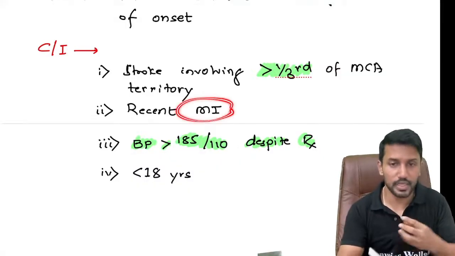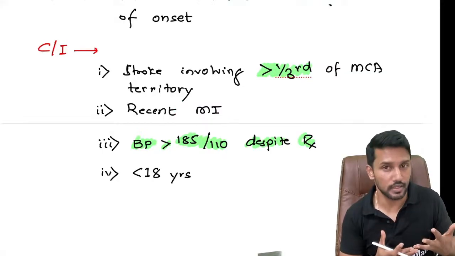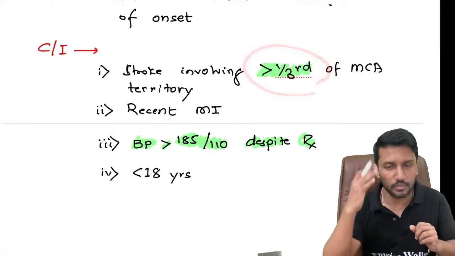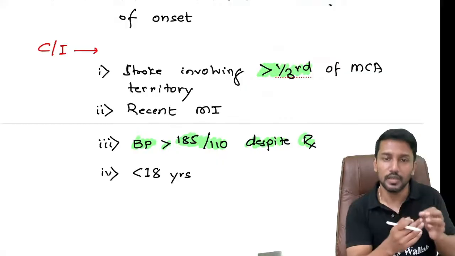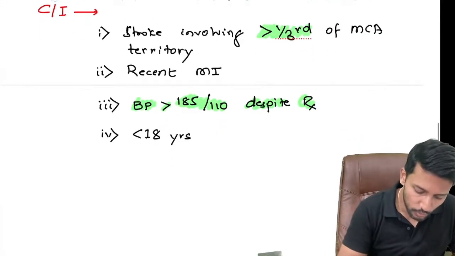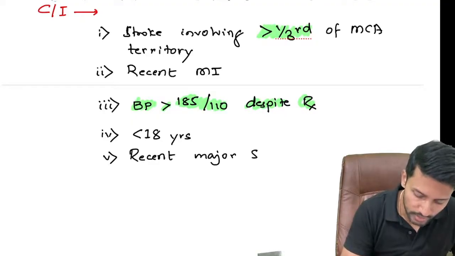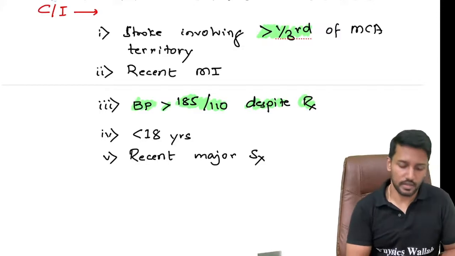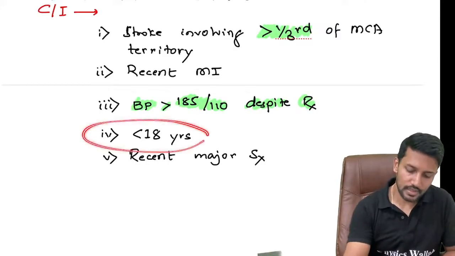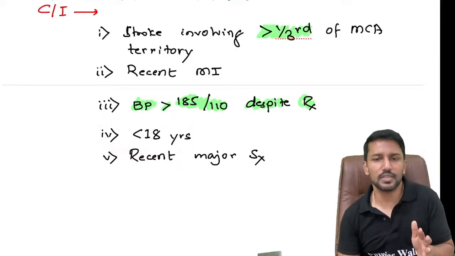If there is recent MI, at the site of infarction, there may be bleeding. If there is a large infarct in the brain, if I give thrombolytics, there may be bleeding. Another possibility is recent major surgery, where the surgical site may bleed. That becomes a contraindication.